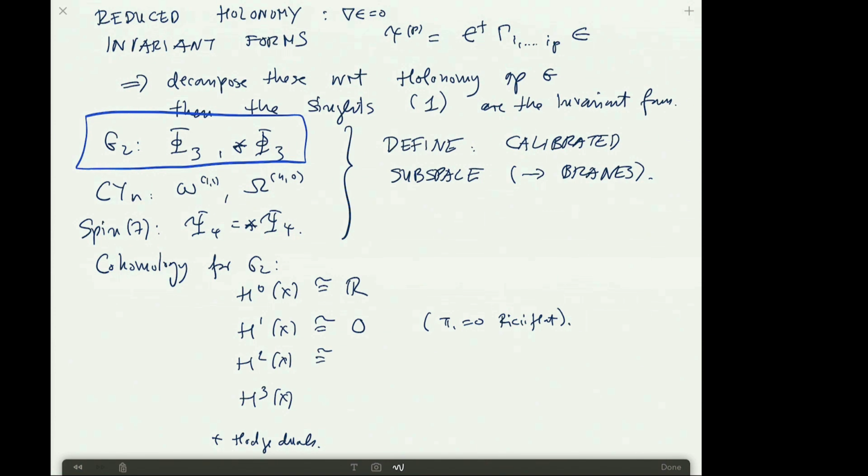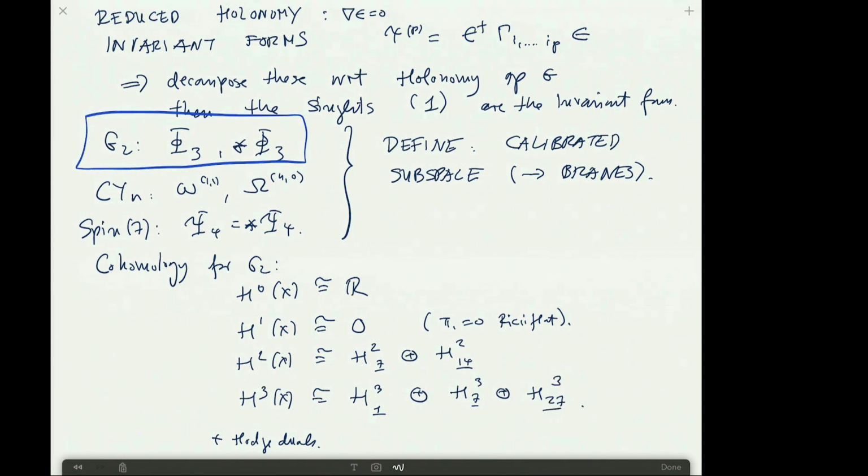H2 has a decomposition into H2 in the 7 representation of G2 and the 14 representation of G2. And finally, the third cohomology has a decomposition into a singlet plus a 7 representation plus H3 in the 27.